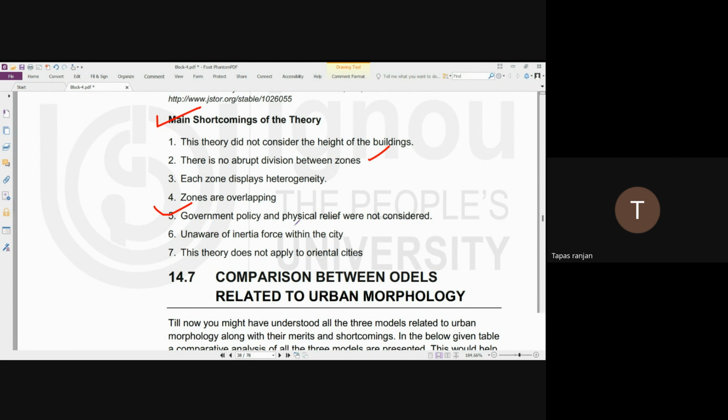So you have to take into consideration these government policies, and you have to take into consideration the physical relief part, because different physiographic divisions or different physiographic features really play a vital role in shaping the urban centers.